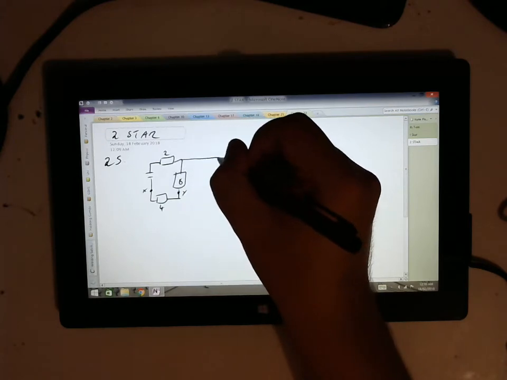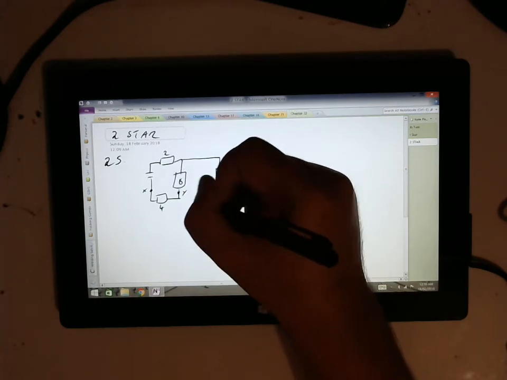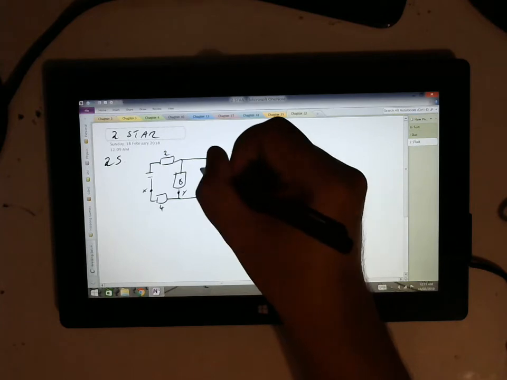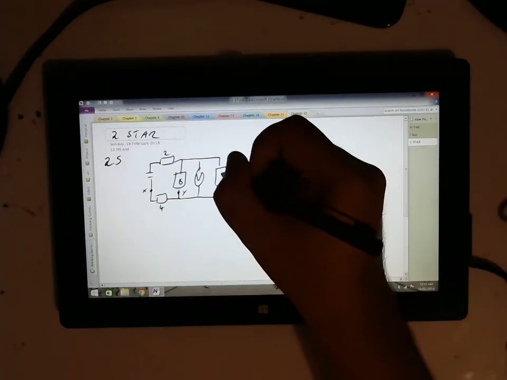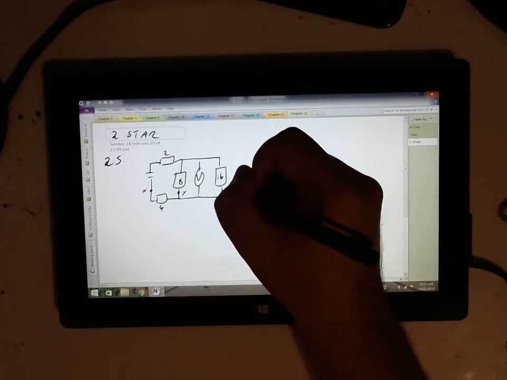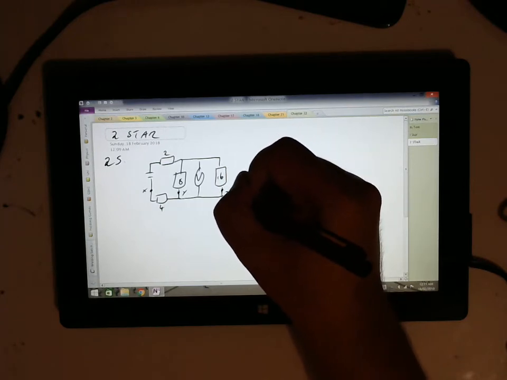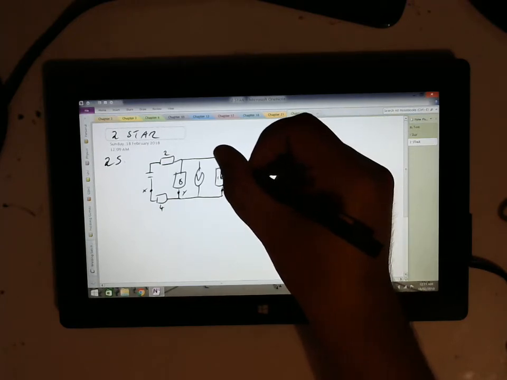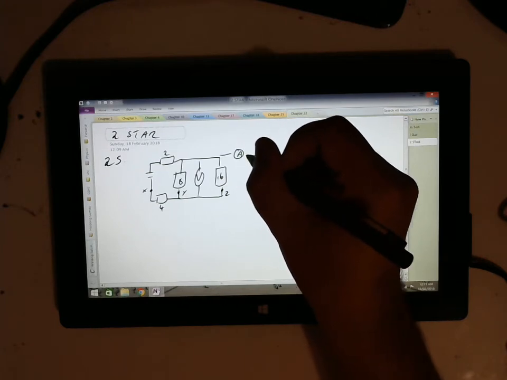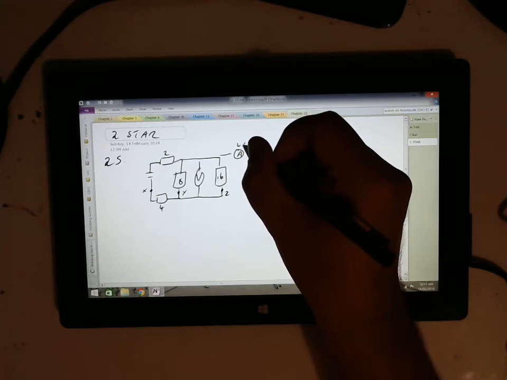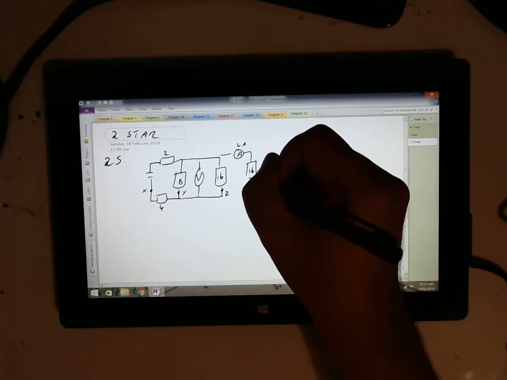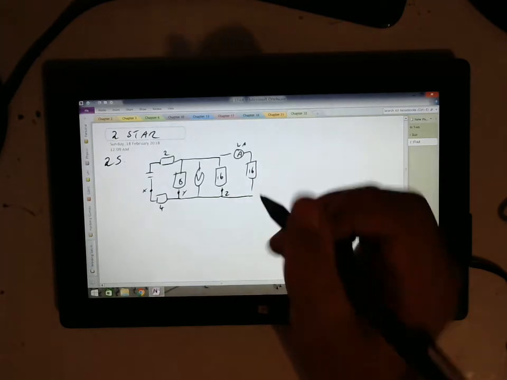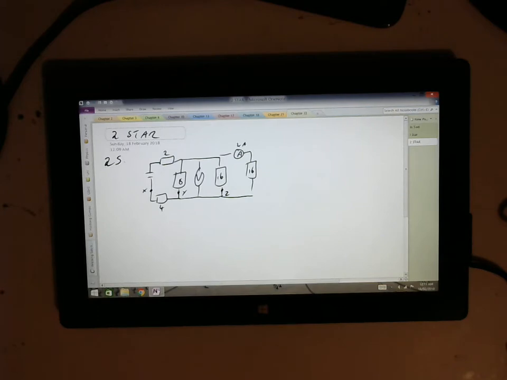Now heading up here, we've got another resistor, and this has a voltmeter here in parallel, 16. There's our 3rd point Z, and we have an ammeter with a reading of 4 amps, round to another resistor at 16 ohms, and finishing off.